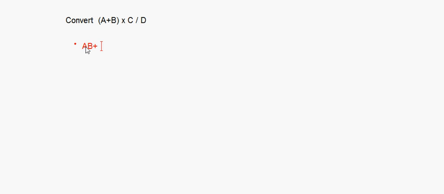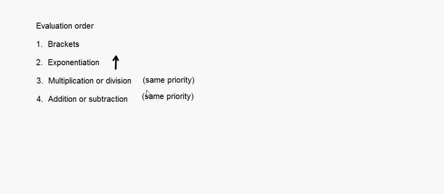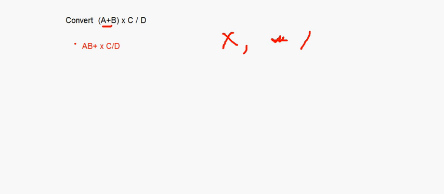And after that you have got into c, right, divided by d. Now you look at this, the bracket has already been converted into postfix here. Now you have got two more operators, one is into and one is division, right? Okay, now we have seen that the priority for multiplication or division is the same, so it has to be from left to right.